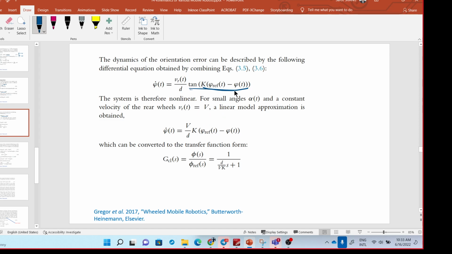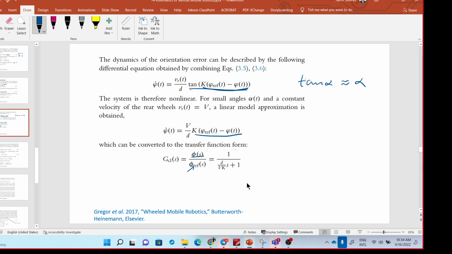So the tangent of alpha for small alpha can be approximated by this. Okay, so tan alpha is approximated to be alpha. Then we can have the transfer function from closed loop input to closed loop output to be first order like this.